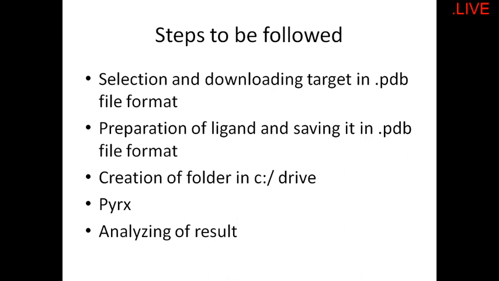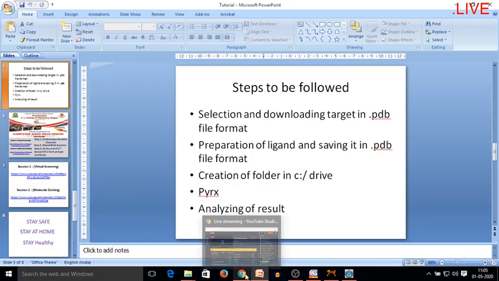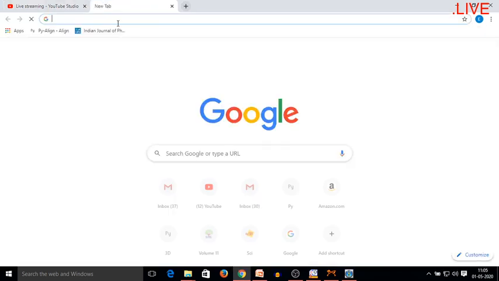So if we see the first step, that is selection and downloading of the target. Now viewers, for downloading a target, firstly you have to decide where your molecule that you are designing is particularly accessible. For those studies you can carry out some preliminary testings like target predictions and prediction of the spectral data.